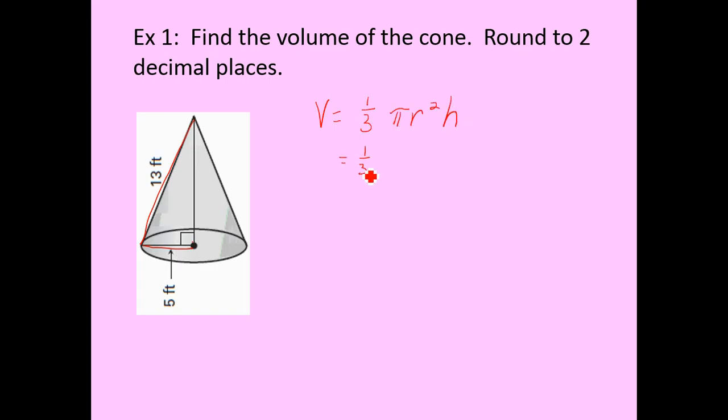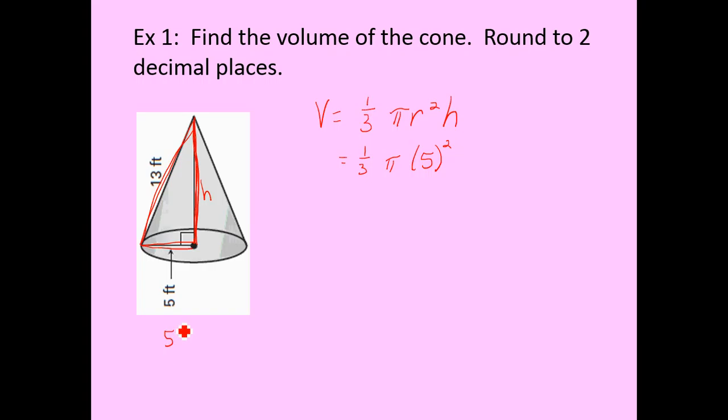So 1/3 pi, the radius would be 5 squared, and now h is the height of the cone. We don't know that. That's this measurement. That's different than the slant height. But I can again use Pythagorean theorem to find that because I see I have a right triangle here in my diagram.